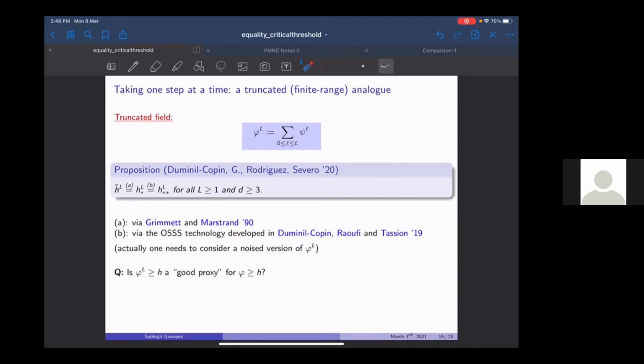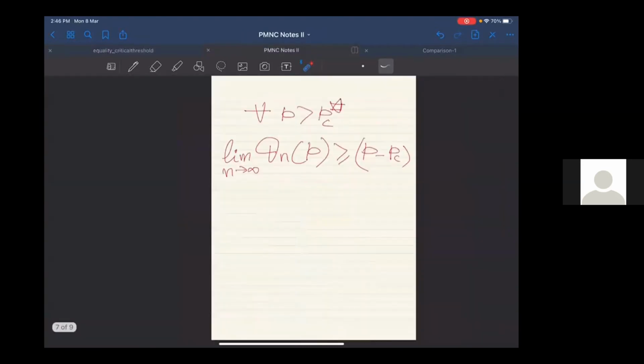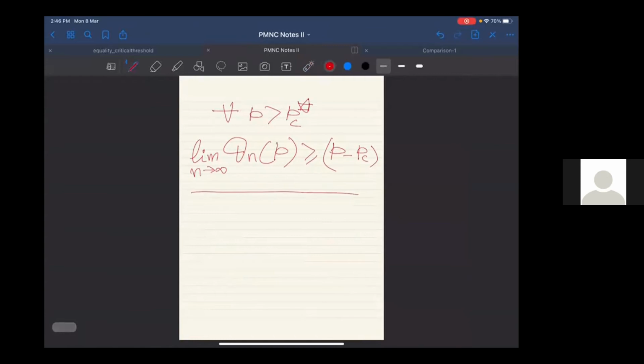To this end, let me try to convince you that it is not. So what do we mean by a good proxy? One way of a good proxy would be using the idea of stochastic domination. I think many of you already know this, but let me spell it out again.